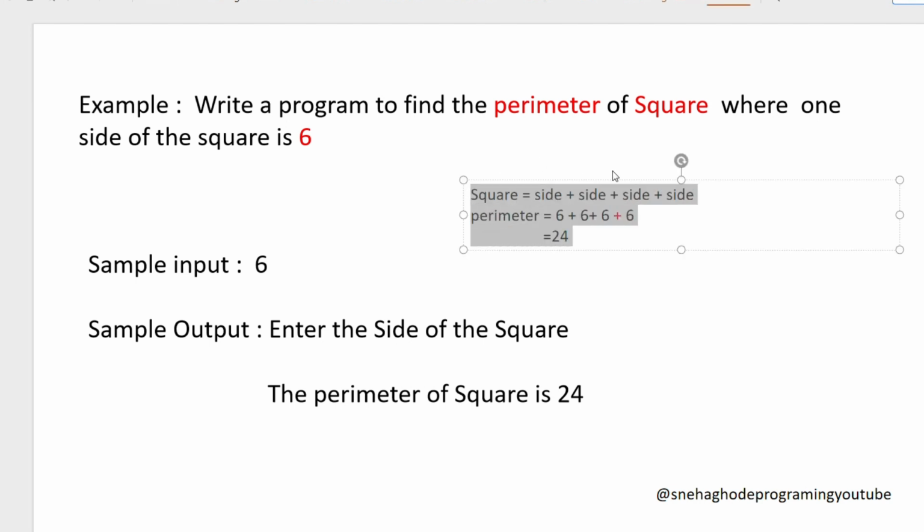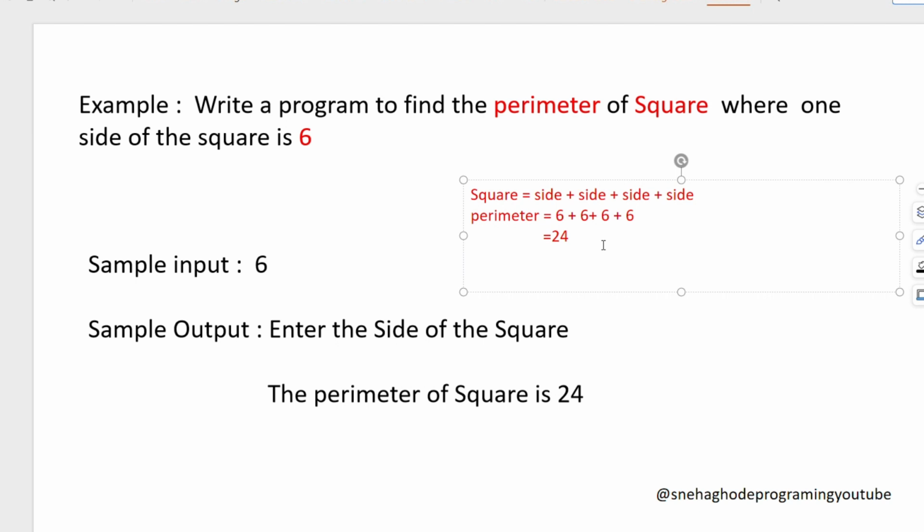One more thing: if you have to solve any problem, any mathematical problem, your base should be clear. You should know the formula. You should be very clear with the formulas, right? How can we write it in another way? How can we do this program in another way also? What will be the logic?